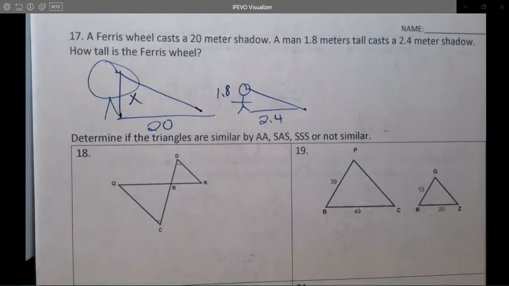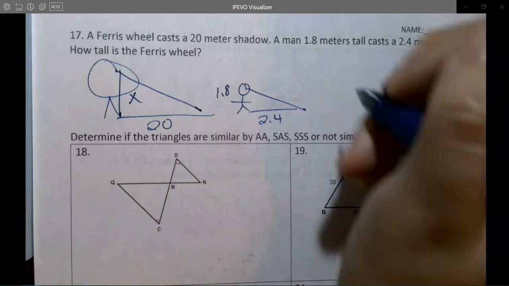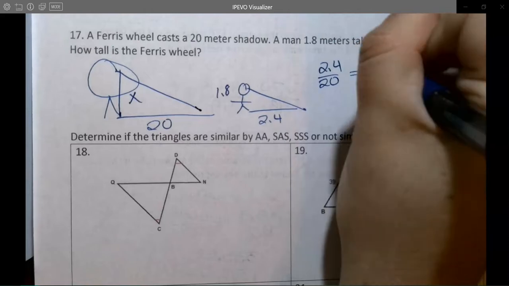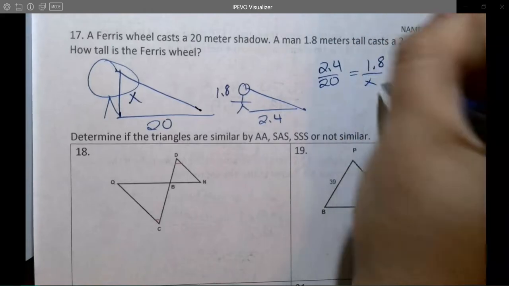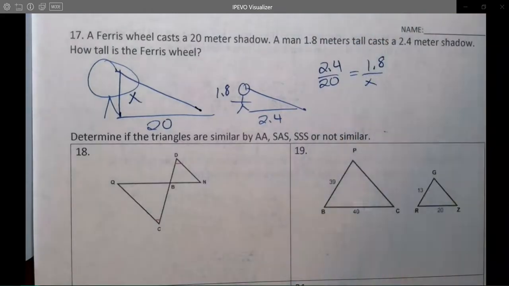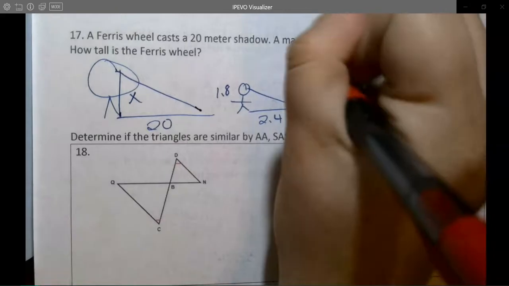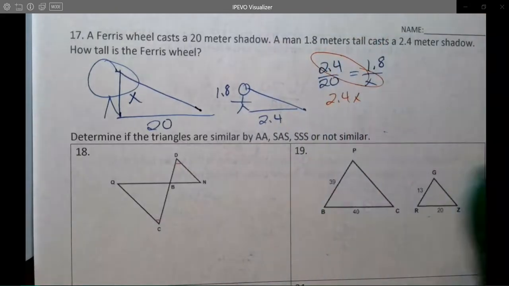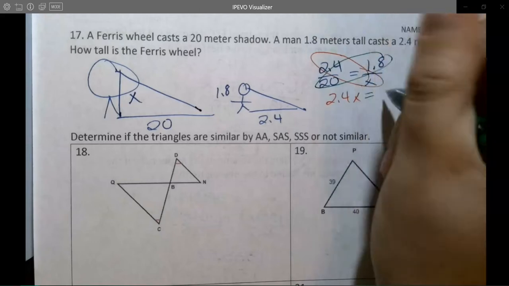So now I have two similar triangles that I can go ahead and set up in a proportion. I'm going to set up the shadows first. So I have 2.4 over 20 equals 1.8 over x. I want to go ahead and cross multiply. So I get 2.4x equals 20 times 1.8.